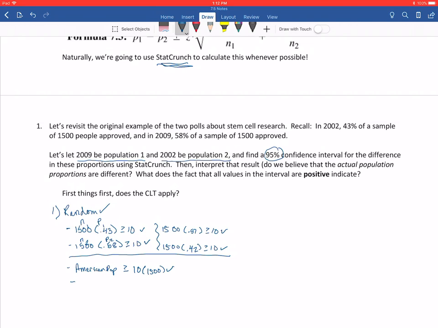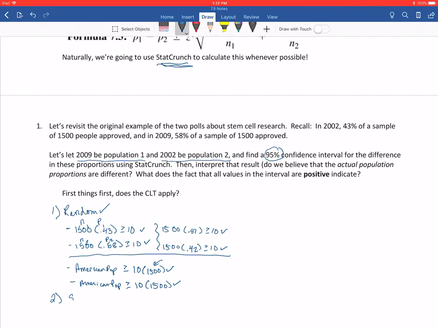Yes. And in the second one, it's actually the same. The sample sizes, this 1,500 happens to be the same. So the American population is bigger than that again. Technically, that's two different checks. This was just unique in the fact that both of the samples were of size 1,500.